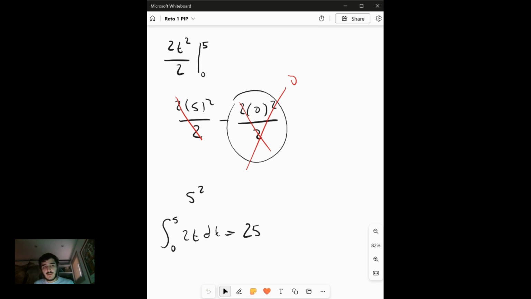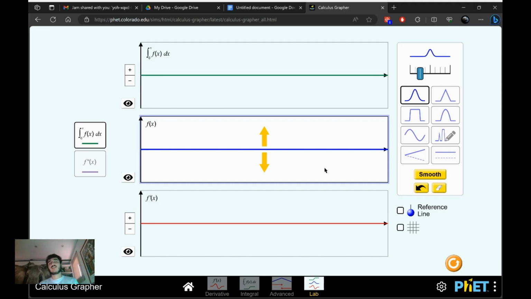Okay, so we solved it mathematically, but I would like you to have a graphical reference for that, so it's going to be easier to learn. On the internet, you can find PhET, which has a lot of simulations, which are amazing. This one is about calculus. You can find chemistry too. There are simulations about almost anything.